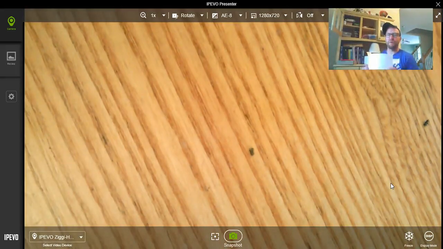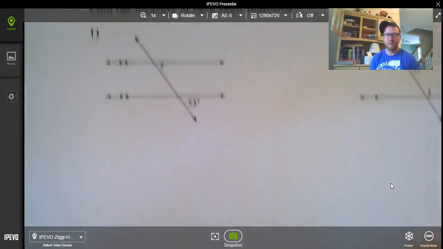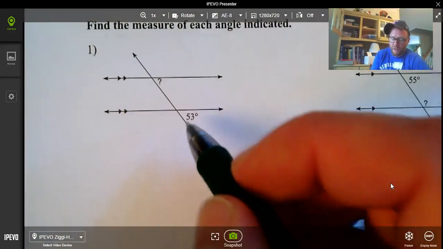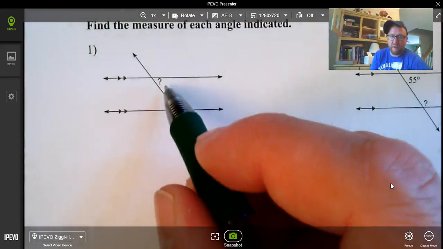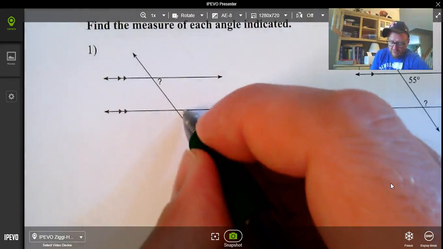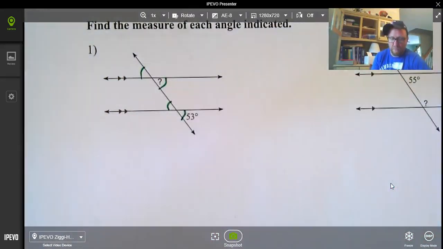Even if you can't remember all those words and terms, there is an easy way to keep track of this. Start with the angle. I want to figure out what this angle is here. I know this one here. What you do is you make a zigzag pattern through the graph. All those angles are congruent.